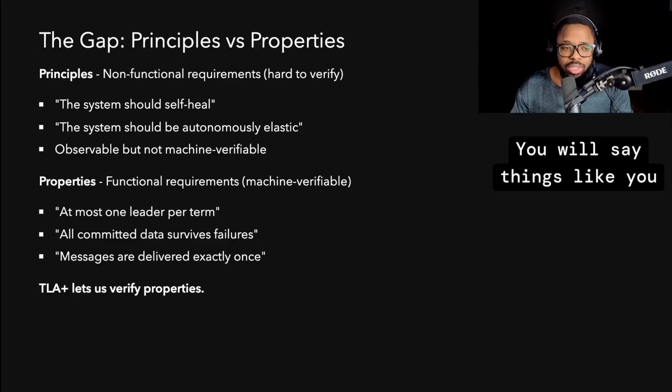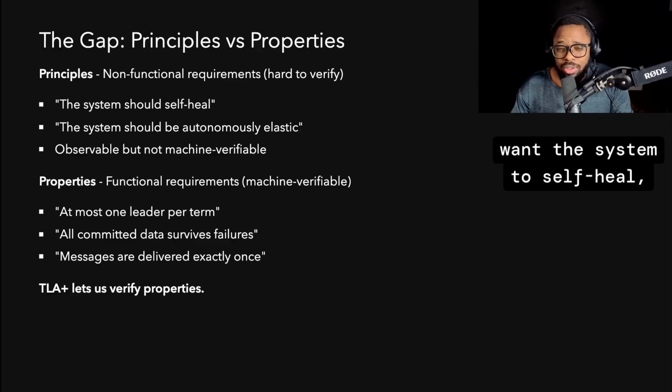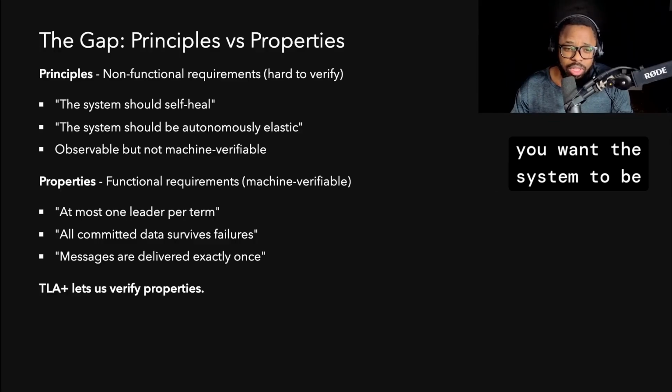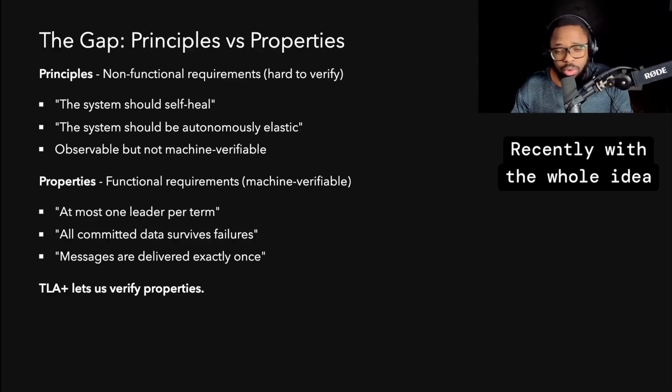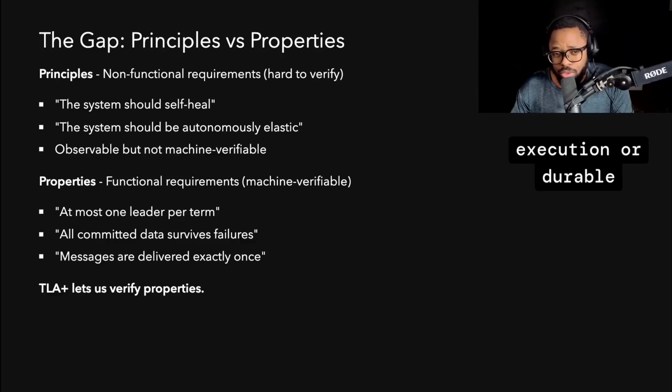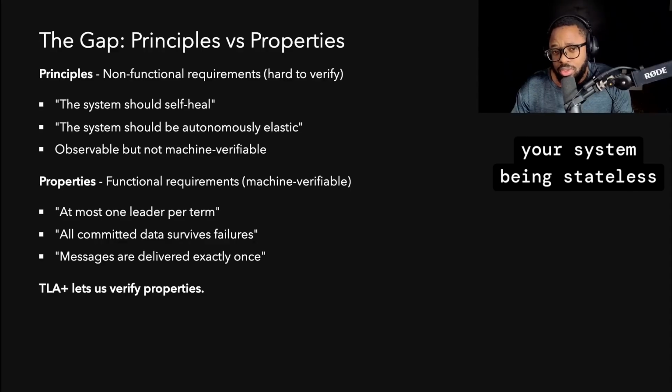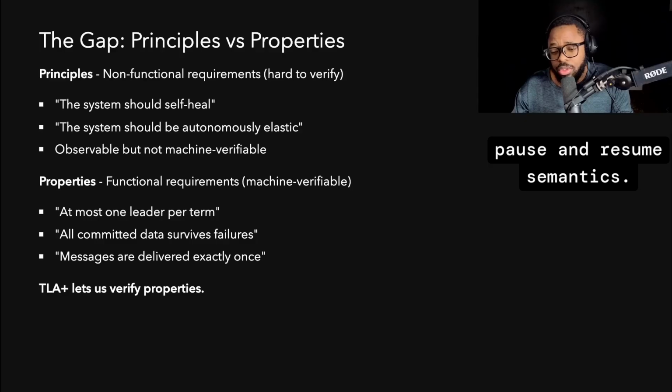You will say things like you want the system to self-heal, you want the system to be elastic, to be stateless. Recently, with the whole idea of durable execution or durable workflows, you want your system being stateless to some degree and having pause and resume semantics.